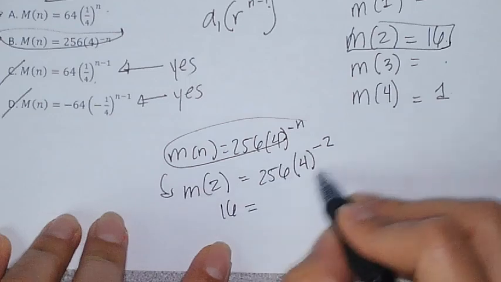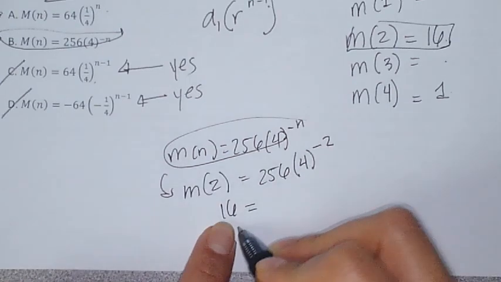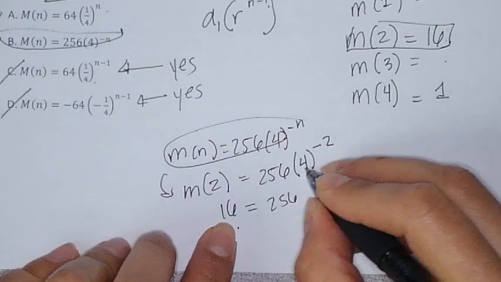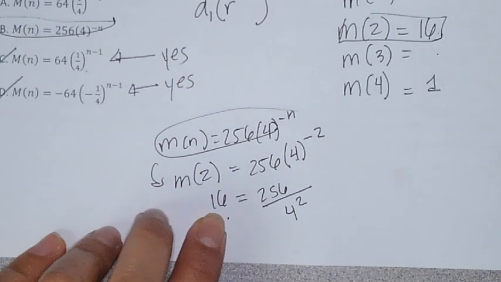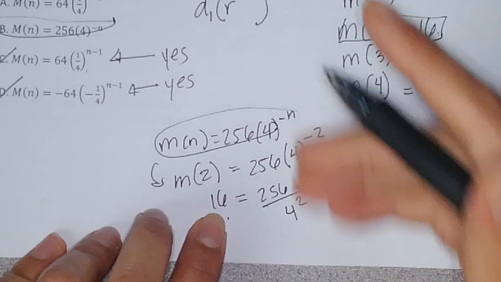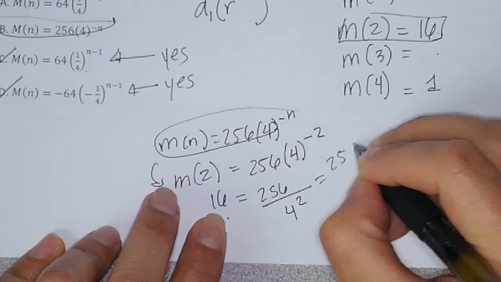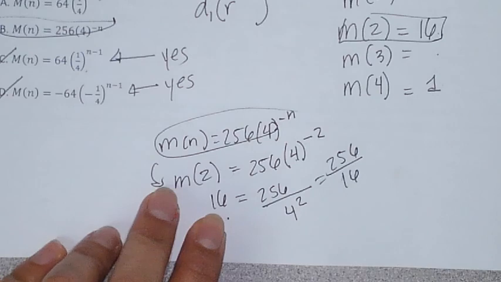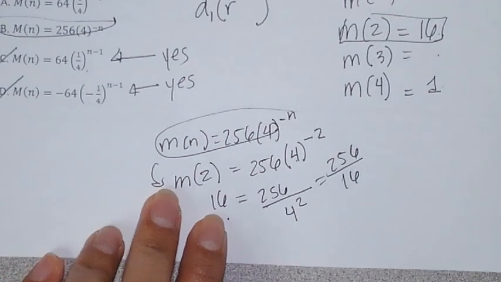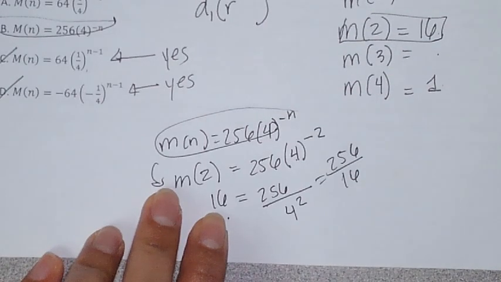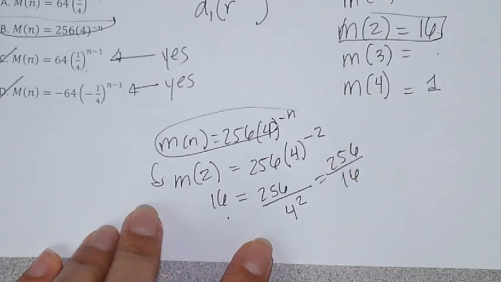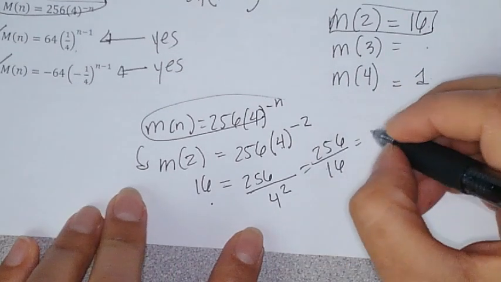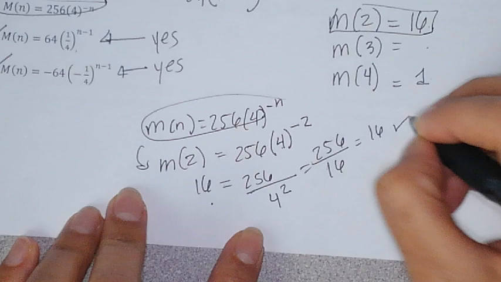This has to go to 16, so we'll see. 256, 4 to the negative 2 means I'm going to have 4 squared on the bottom. So 256 divided by 16 over here, I need to know if that's going to give me 16. And I know that 16 times 16, because it's a perfect square, is 256. So yes, it works. This one is working.